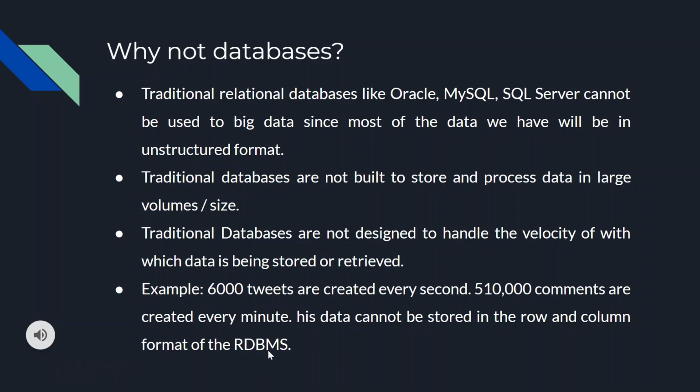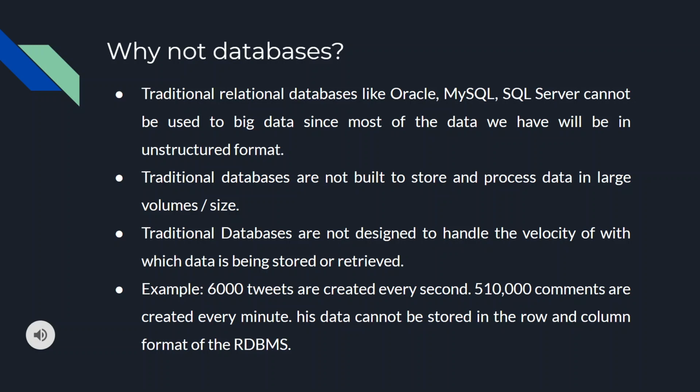Moving on to the question of why not traditional databases like Oracle or SQL. Oracle and SQL are examples of databases where the main intention is to store structured data. That means the data can be put in the form of tables with columns of specific data types, and when you want to retrieve some particular data, there is a key or a unique identifier with which you can communicate with all of the tables in the schema structure.